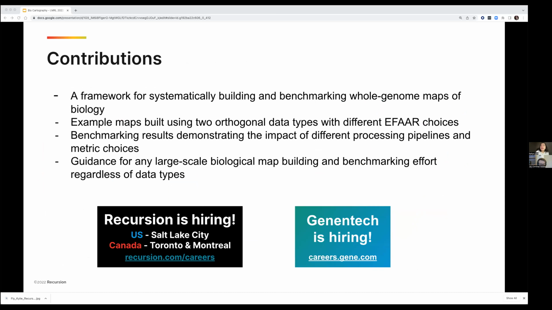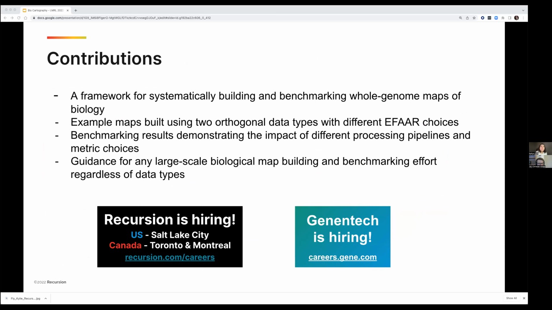Okay, let's end with our contributions here, a summary of them. In this work, we describe a framework for systematically constructing whole genome maps of biology and benchmarking their performance globally.